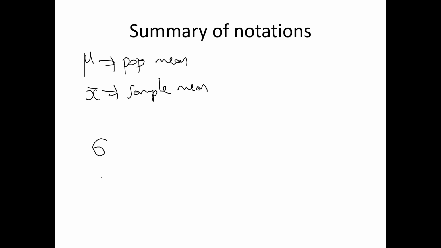And then let me just put the summaries and then finish. The summary of the notation is that we have mu and then we have x bar. So mu means the population mean, and x bar means the sample mean. Then we have the sigma and then we have the s.